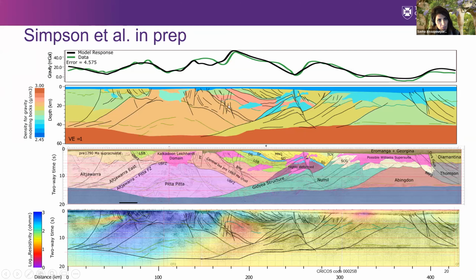Pointing at density: there's no density contrast here, but this is more dense, and you can see the peak. And if you come down here, you have this conductor, and then you have a resistor here. So my main thing was to do a joint inversion and try to improve maybe this model.